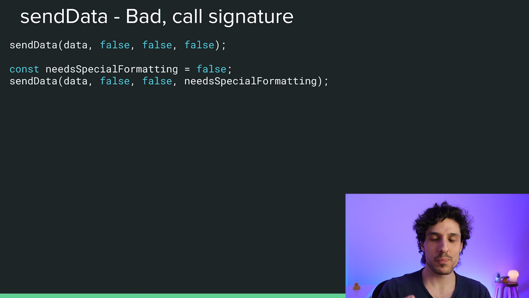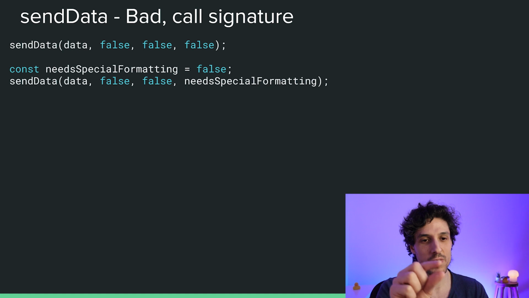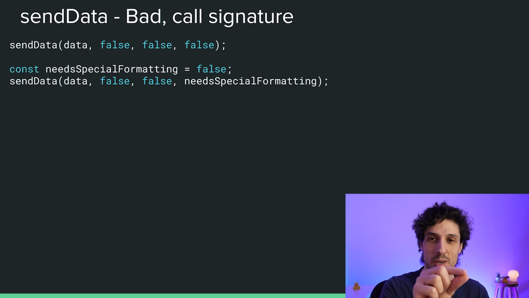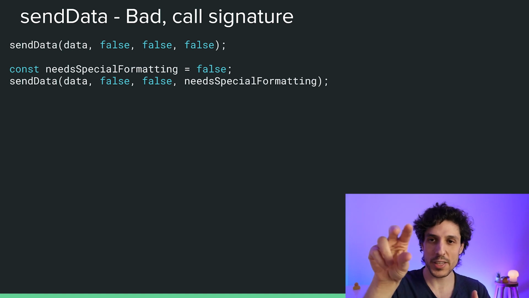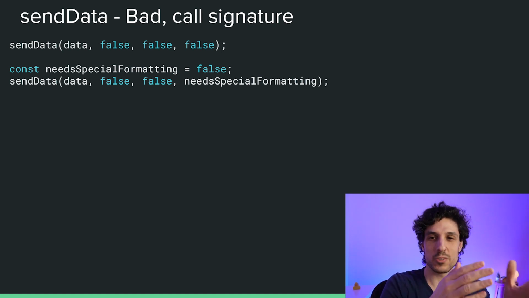Now, it's true that instead of just calling it with true, false, false, for example, you could have variables for those names, right? So you may have a variable for needs special formatting, and you would call sendData with the data, and then your variables like needs special formatting.